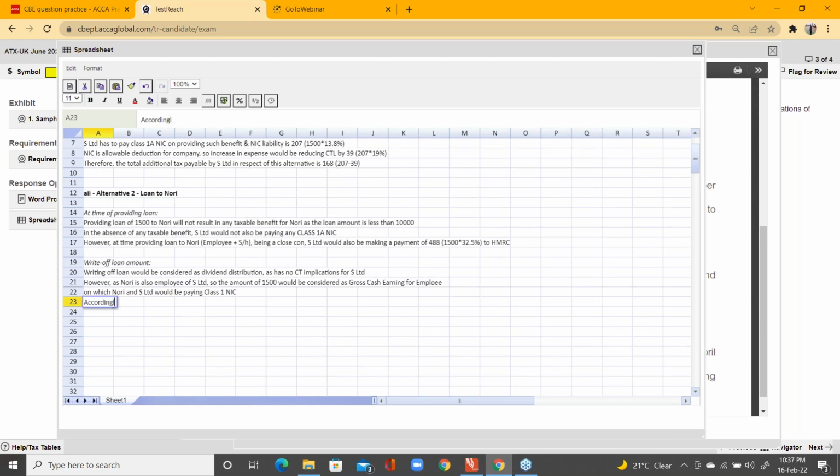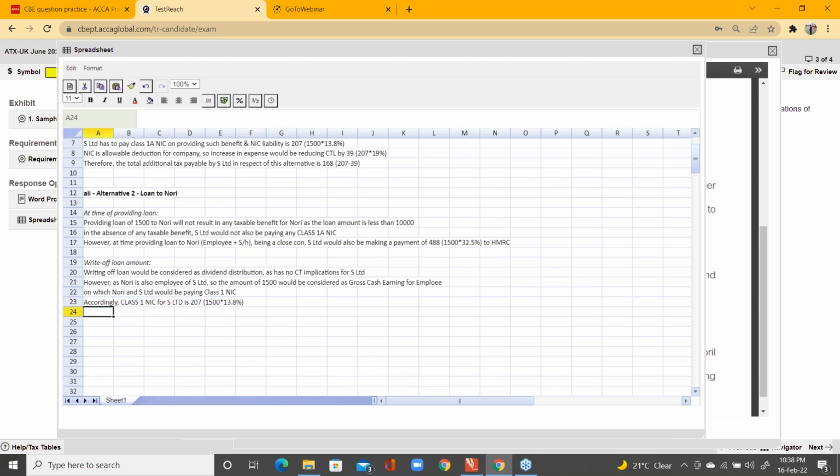Accordingly, class 1 NIC for S Limited is 207. How is this 207 calculated? On the gross cash earning of 1500, the employer has to pay 13.8% of NIC. So resultingly 207 class 1 NIC is calculated.